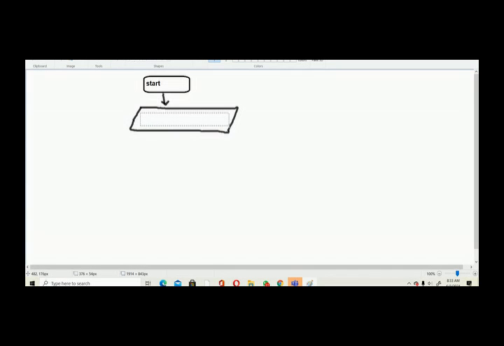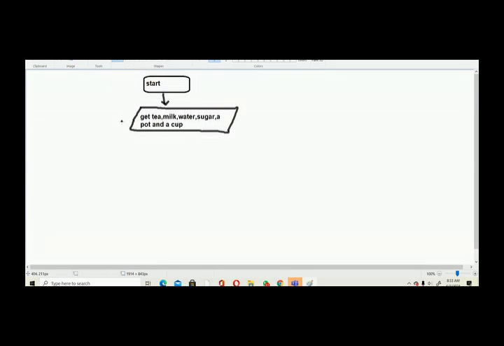So we will write get tea leaves, milk, water, sugar, pot, and a cup. Everything you need, you have to write it here. If you have anything else, you can write them also.